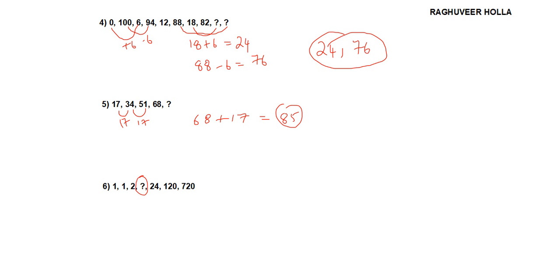Now each time, if you look at this, 1 is multiplied with 1, and again you have another result which is 1, that is it is multiplied with 2. That gives 2. Again the next should be 2 multiplied with 3, so that is 6. So you get 6 as the result here.